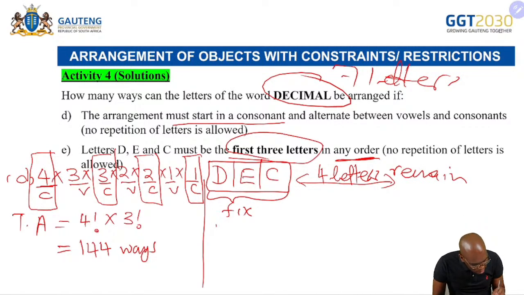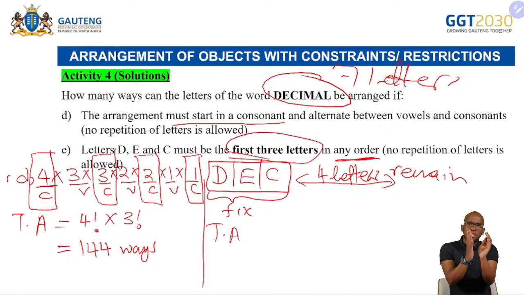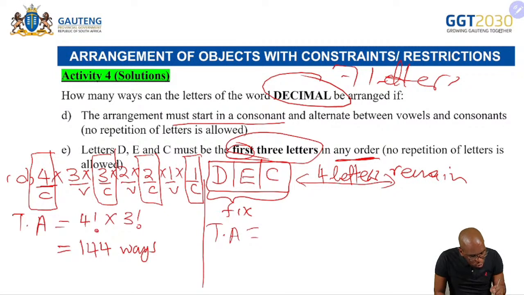So for the total arrangement, remember this, I am grouping, but I'm not treating it as a single object that can be moved. This group cannot be moved because they said first 3 letters. So I'm not going to arrange the whole group. I'm going to arrange the 4 remaining letters.